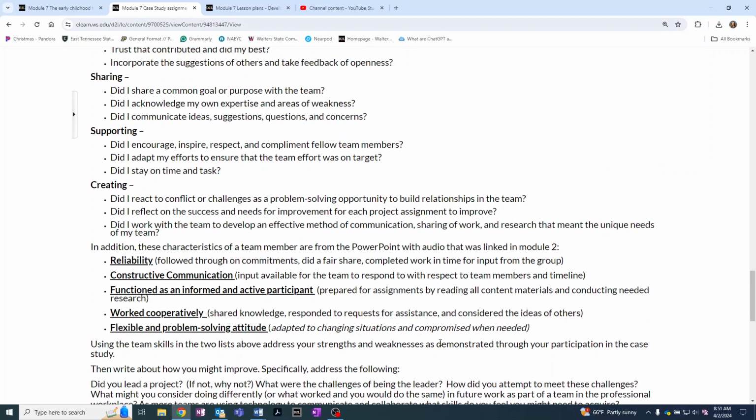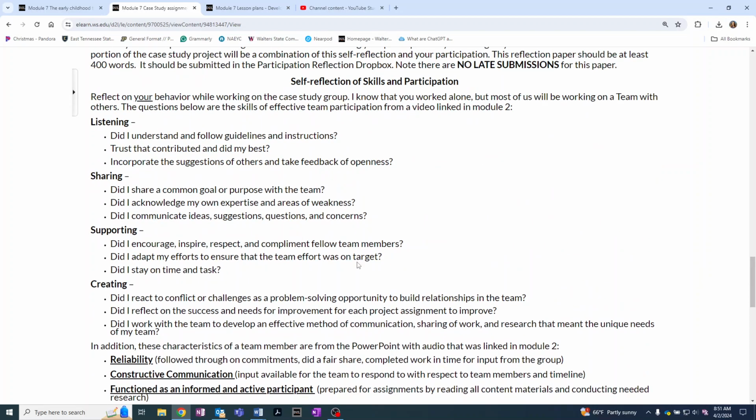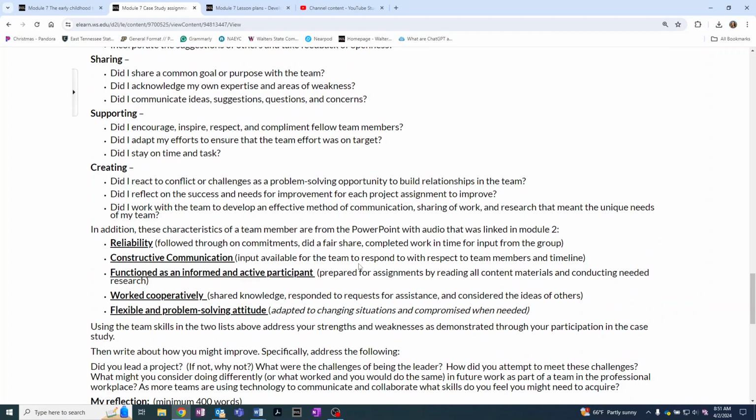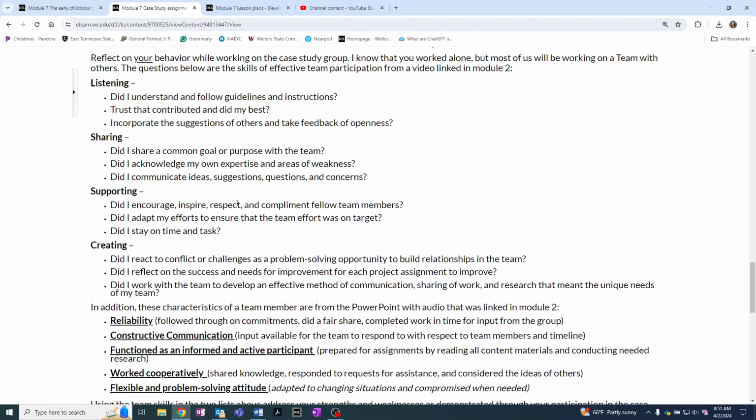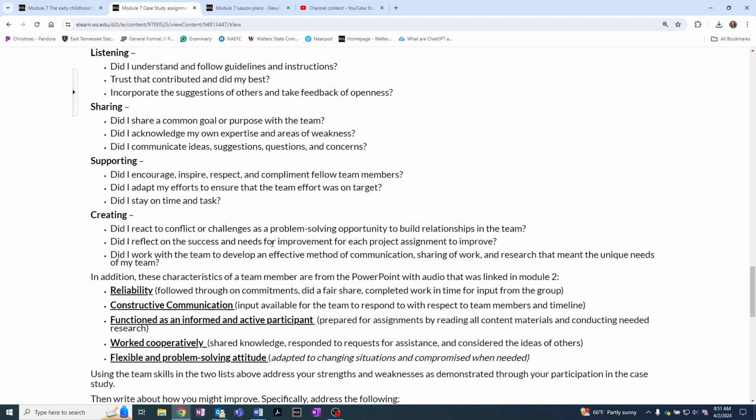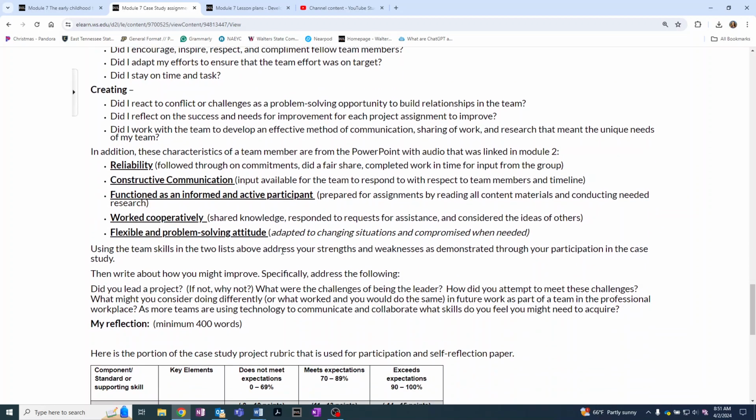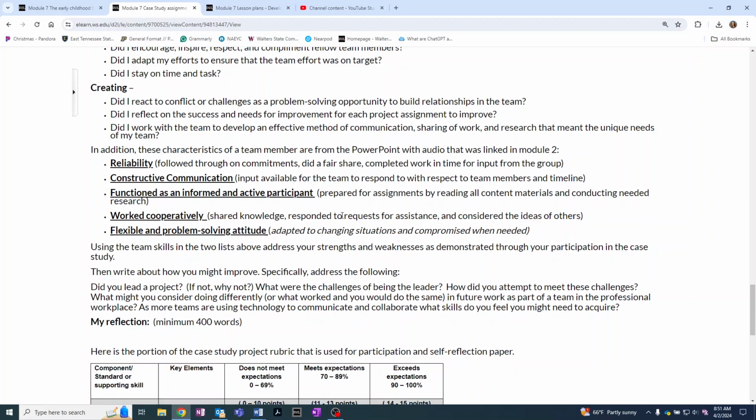Okay, that's why it talks about team participation, because you are going to work on a team when you are an educator in an early childhood setting. So, I gave you some guiding questions about listening, sharing, supporting, creating. So I want you to answer these questions and reflect, okay?